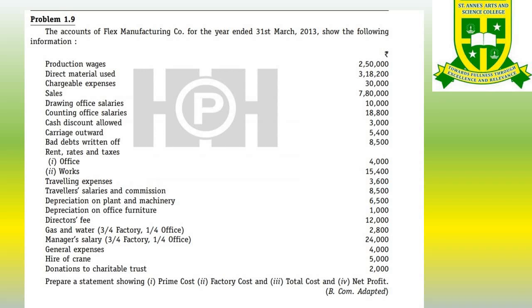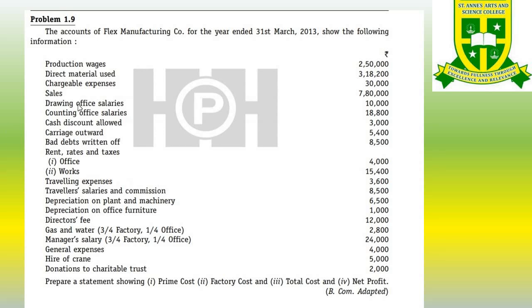So drawing office salary will be treated as a factory overhead, because drawing office salary means to purchase materials, we withdraw the money from the office. Where we use the material, we will use it at the factory. So drawing office salary will be shown in the factory overhead, the reason being we are using it for factory expenses.